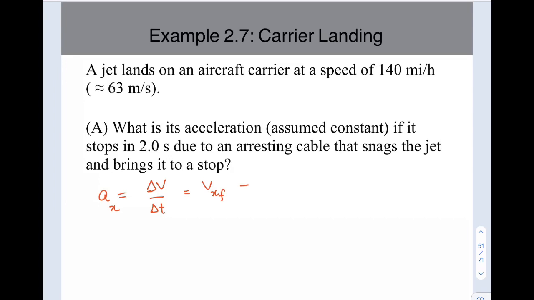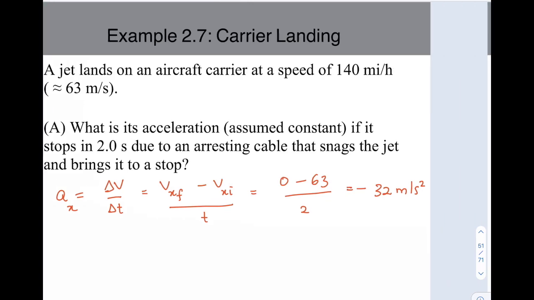When we talk about delta, it must be final minus initial over the time taken. Finally it stopped, initially it started at 63 meters per second, and the time taken is 2 seconds, so you have negative 32 meters per second squared. Why is it negative? It's decelerating, because finally it stopped.